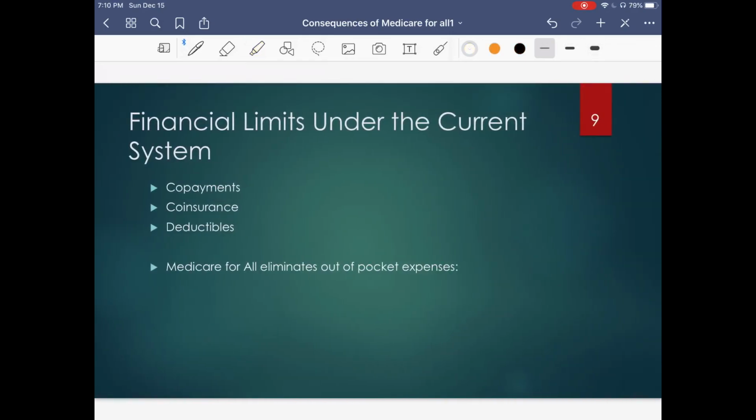We are going to look at the financial limits under the current system, specifically copayments, coinsurance, and deductibles. Copayments, coinsurance, and deductibles keep premiums low by discouraging overconsumption of free healthcare. So these keep premiums low.